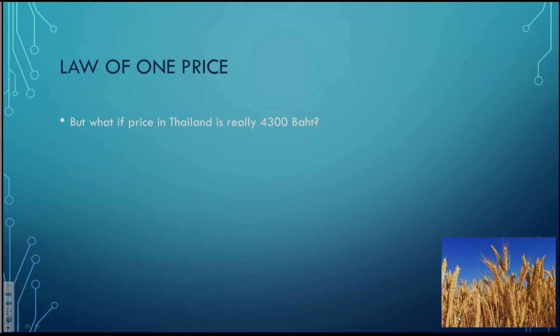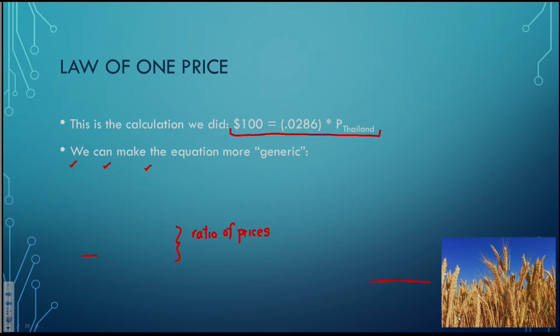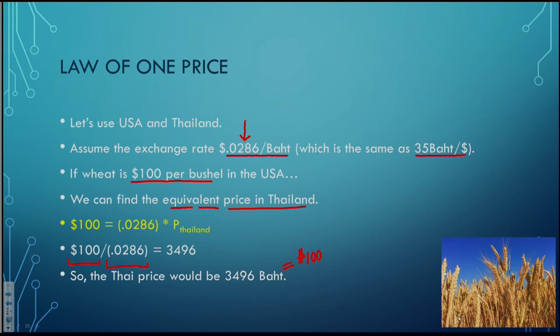But what if the price in Thailand is really 4,300 baht? Again, go back for a second. Before, using our calculation, we got that the price in Thailand should be 34.96.